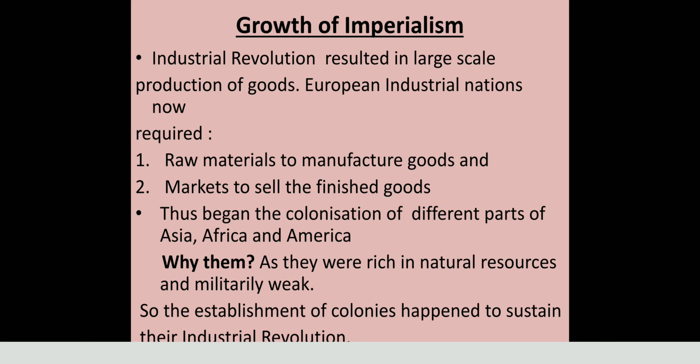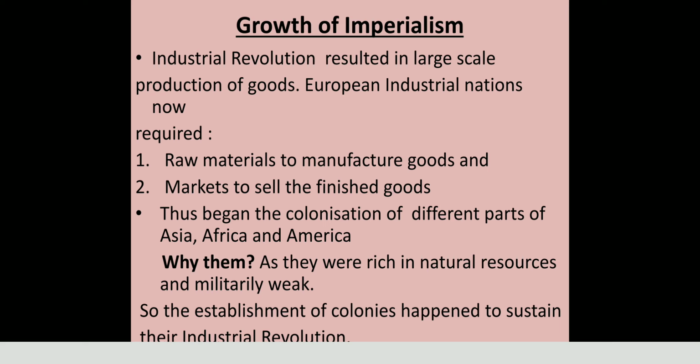So that is how began the colonization of different parts of Asia, Africa, and America. These were the non-industrialized nations, which were weaker nations, but they were very rich in natural resources. So they could provide abundance of raw material, and they were militarily weak, so they could be easily controlled.